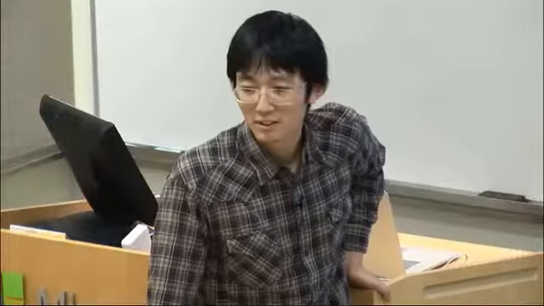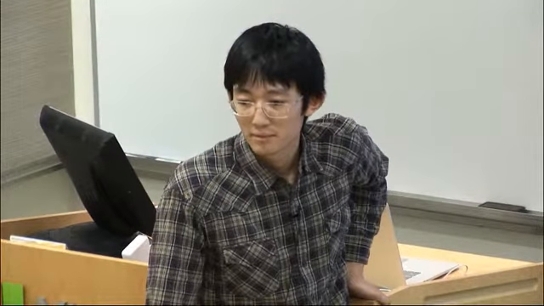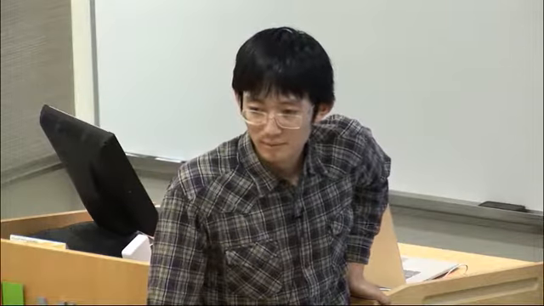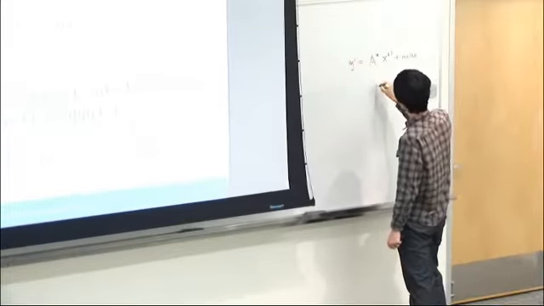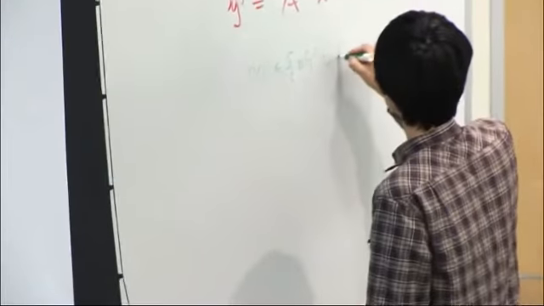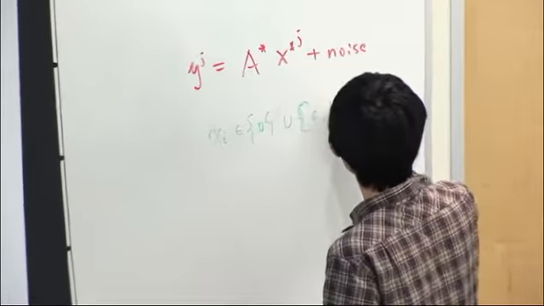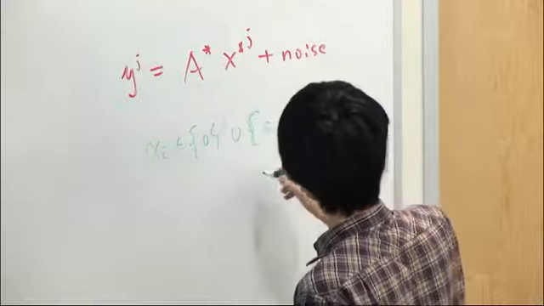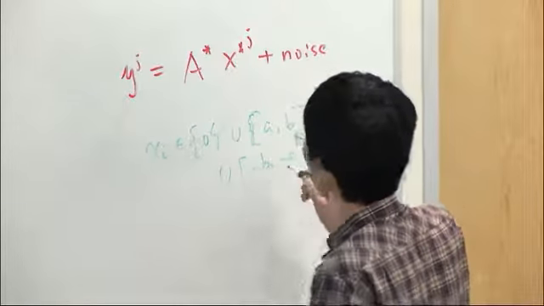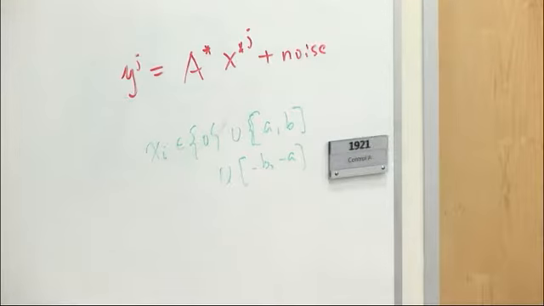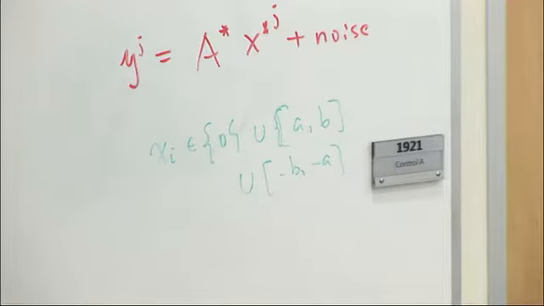But you said that it can be generalized without that kind of limit. Anyway, we need something like this: a condition like x_i is either 0, or between a and b for some constants, or between -b and -a. Oh, I see. So this is what we need, and this generalizes it a little bit.